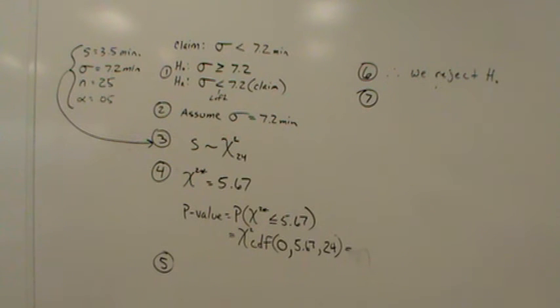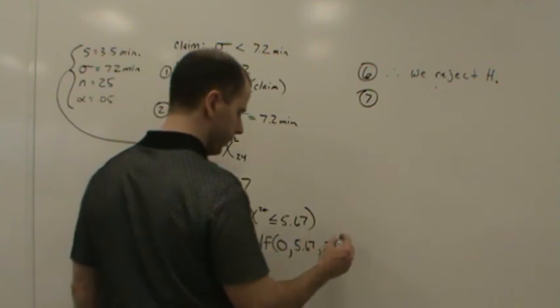I go to my distribution menu and scroll down to number 8, which is chi-squared CDF. I put in 0, 5.67, 24, and I get 4.20 times 10 to the negative 5th power.